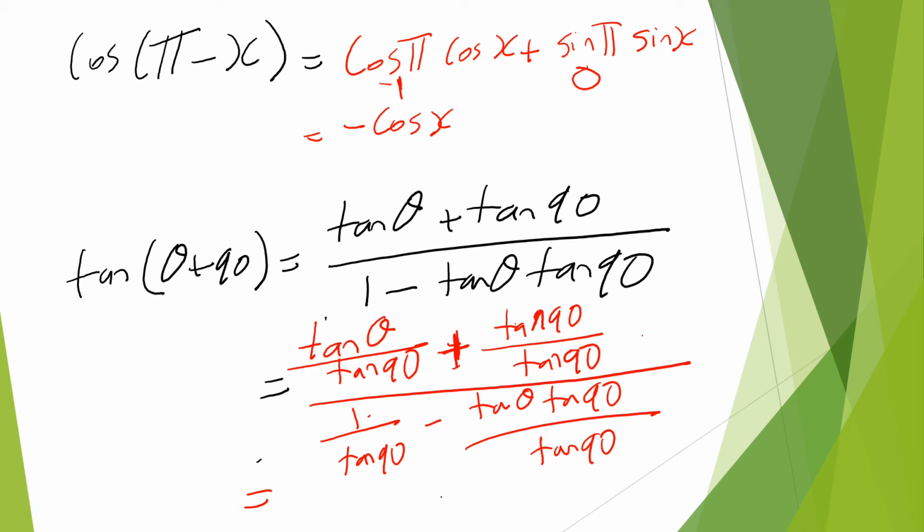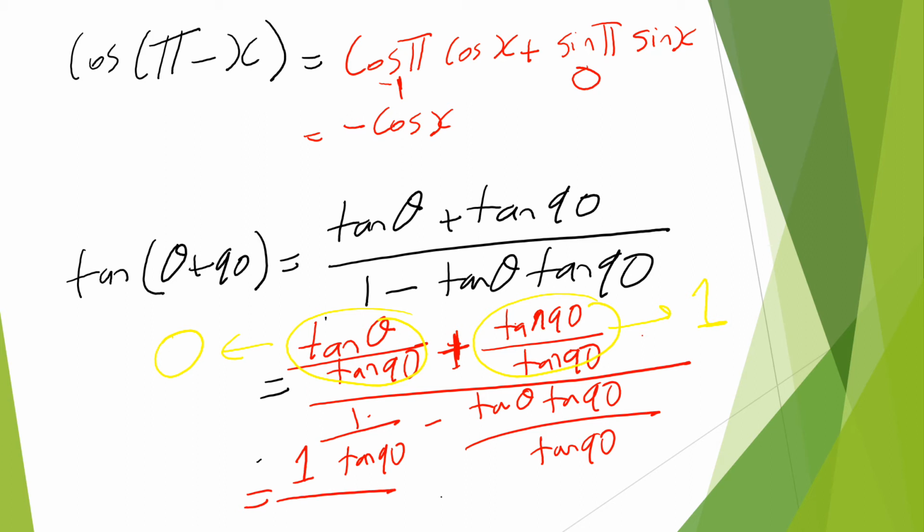Tan 90 divided by tan 90 is 1. Anything divided by infinity is 0, so in the numerator this value here is 0 and this value is 1, so only 1 is left in the numerator.